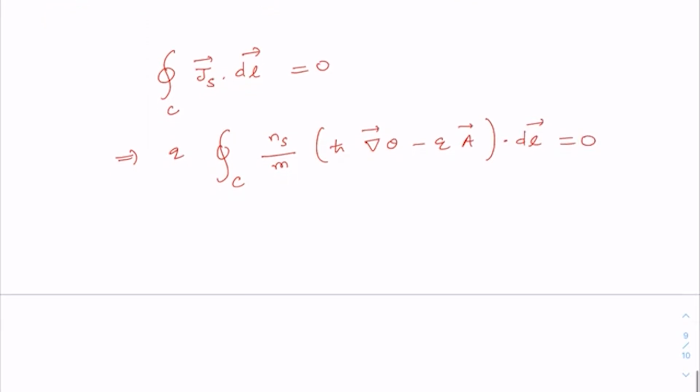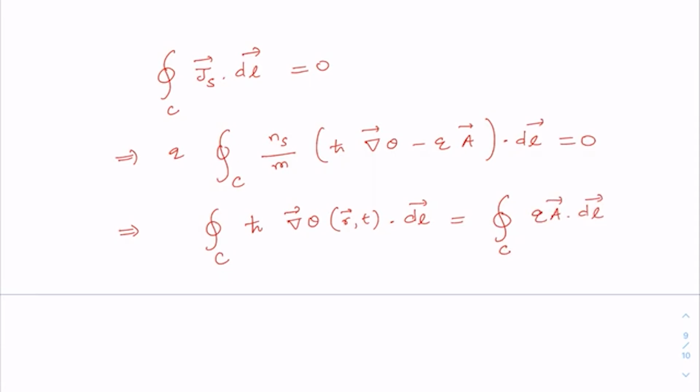So we can immediately see that I can write this expression as the integral of h cross gradient of theta, which is a function of r and t, dot dl around this closed curve, must be equal to the integral of Q A dot dl. I think it's straightforward to understand. So let me say this is my equation number 1.